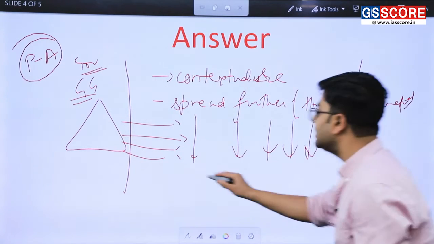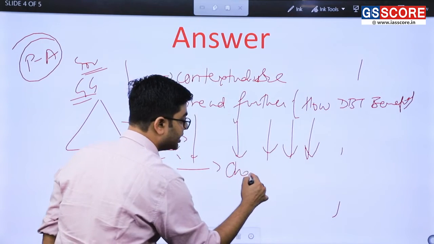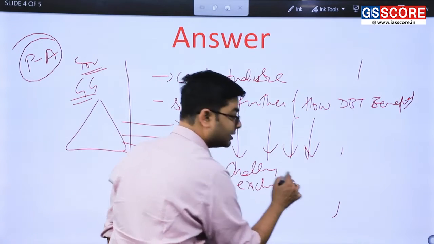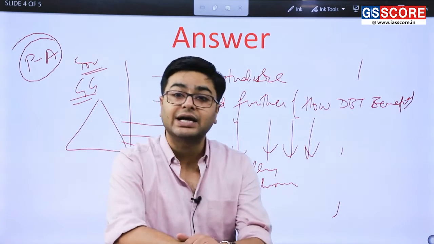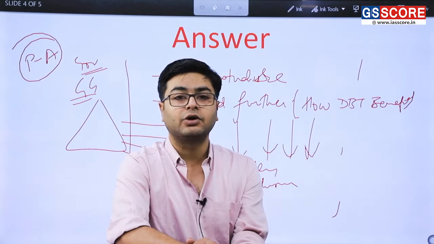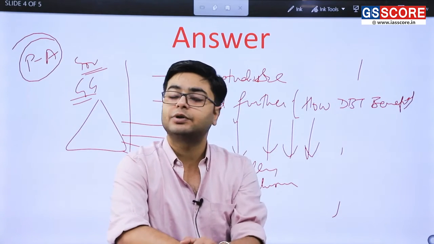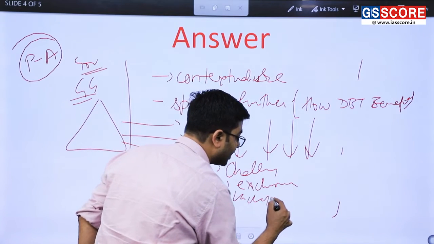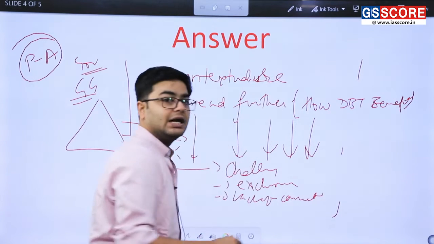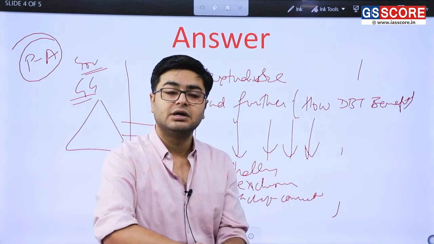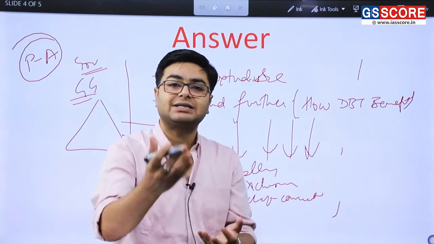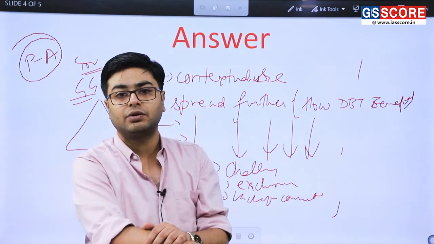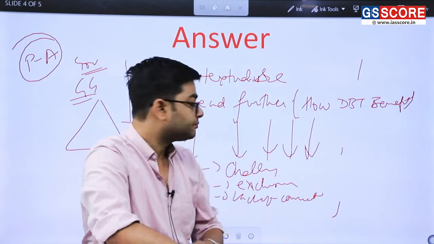And once we have done that, we can say that yes, there are certain challenges of exclusion, that there might be certain people who are excluded out of the system because of certain procedural bottlenecks. There might be lack of connectivity, lack of infrastructure, lack of training and capacity building for the functionaries who are delivering this on the ground, right?